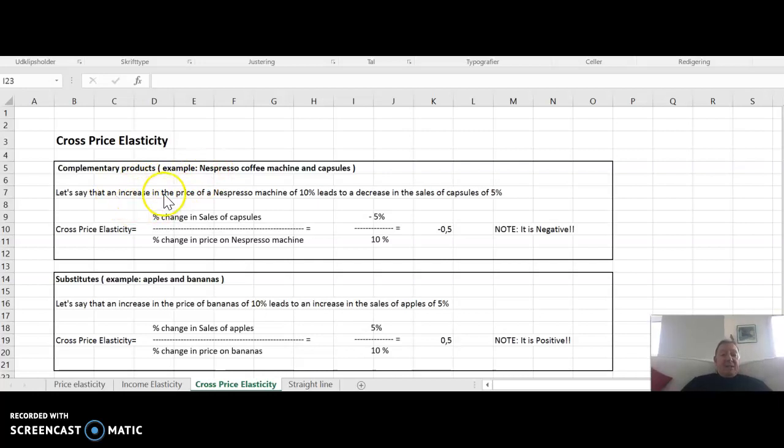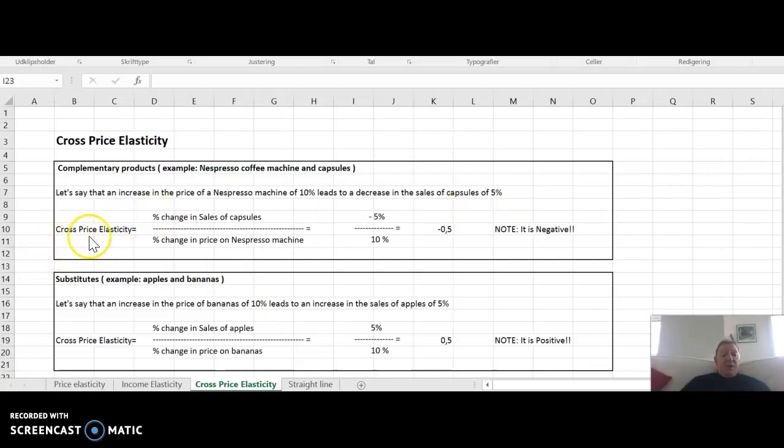Let's say that an increase in the price of Nespresso machine of 10% leads to a decrease in the sale of capsules. Because if the demand for the machines decreases because we increase price, then we will also have a decrease in the demand for capsules.